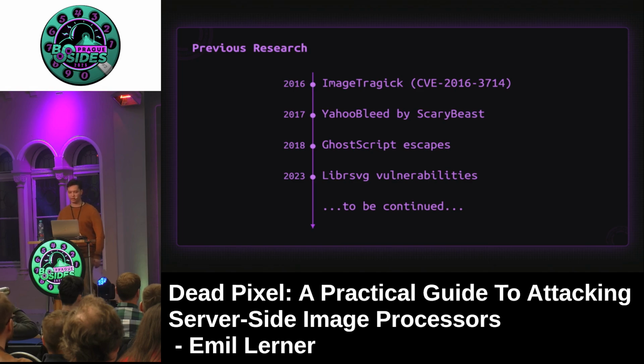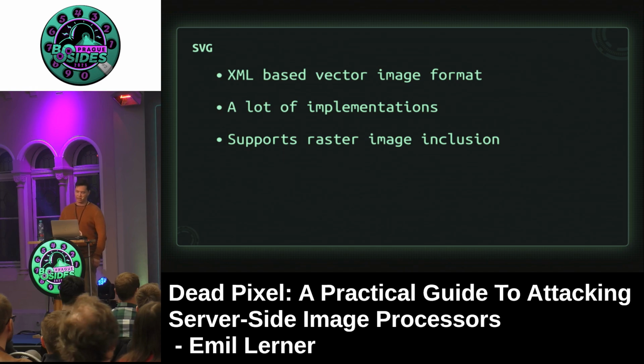The topic is far from being new, starting from ImageTragick in 2016. It gained a lot of attention, a lot of different libraries were hacked, but the attack vector still persists, and the attack surface is still not exhausted. Today I will mostly focus on vector graphics. So the most popular vector format is obviously SVG. It's an XML-based vector image format.